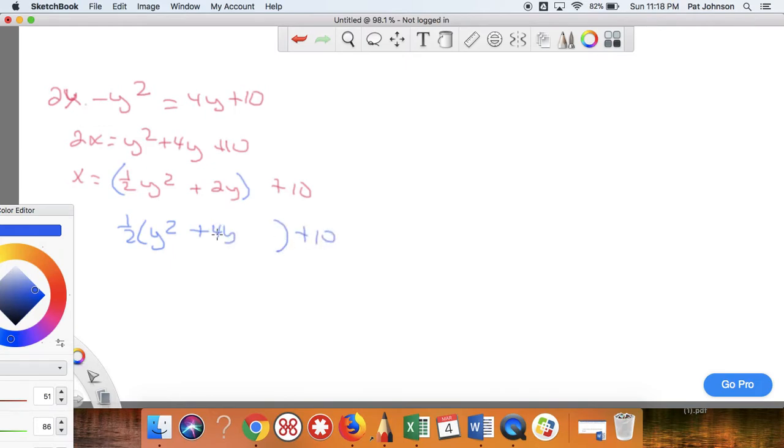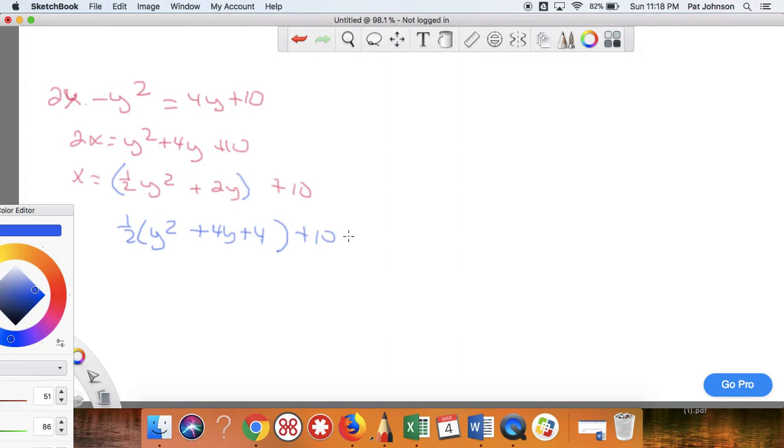Now, sorry. So now I have to take b, 4 divided by 2, and square, which is 4, so plus 4. But I didn't really add 4. I have to multiply this by what I factored out, which is 1/2 times 4 is 2.